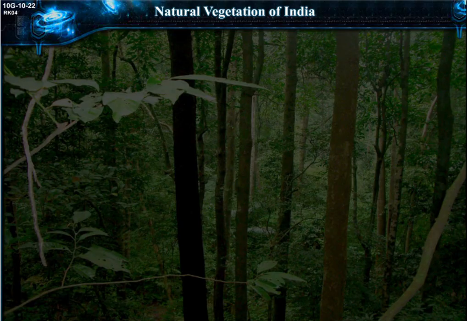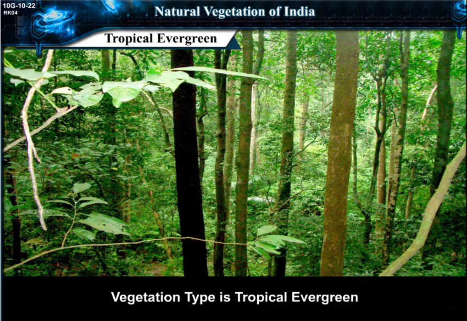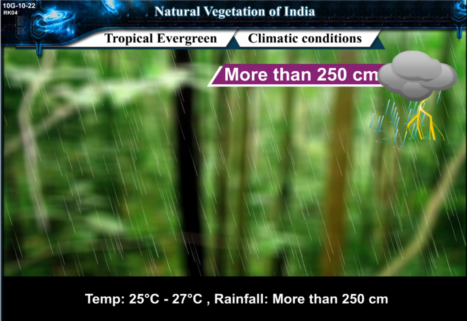Natural vegetation of India. Here's a table showing the natural vegetation of India. So first we have the vegetation type, tropical evergreen vegetation. Climatic conditions: it is found in areas where the temperature ranges between 25 to 27 degrees Celsius. Rainfall is more than 250 centimeters.